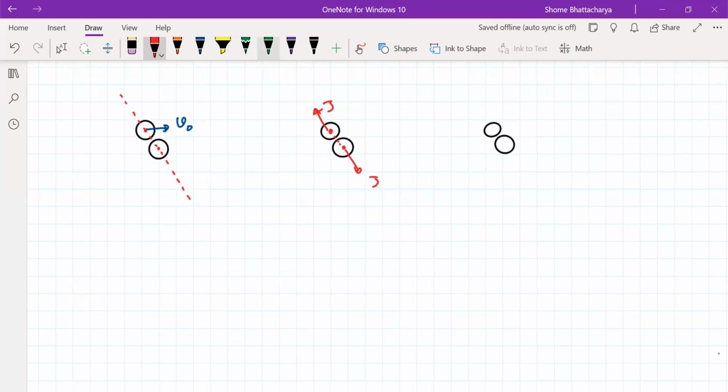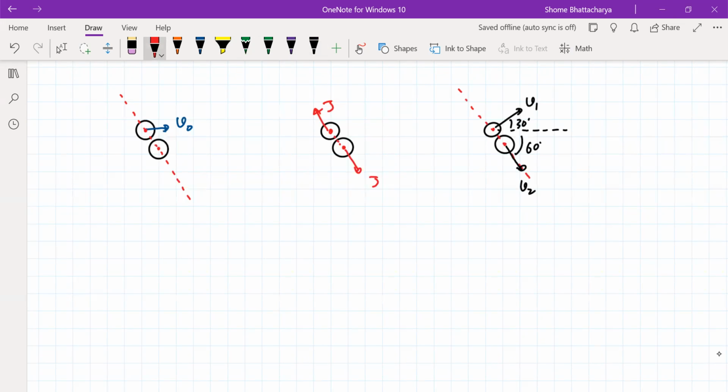Just now we saw that the first particle got deflected by 30 degrees with respect to this line, which means the second particle moves along this line. If this angle is 30 degrees, then this angle is 60 degrees because they are perpendicular to each other.